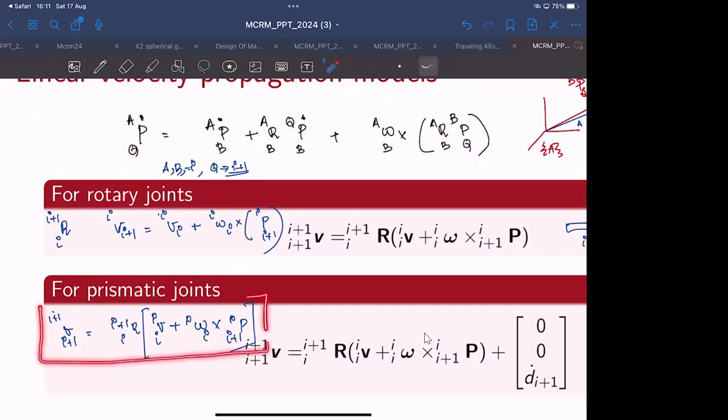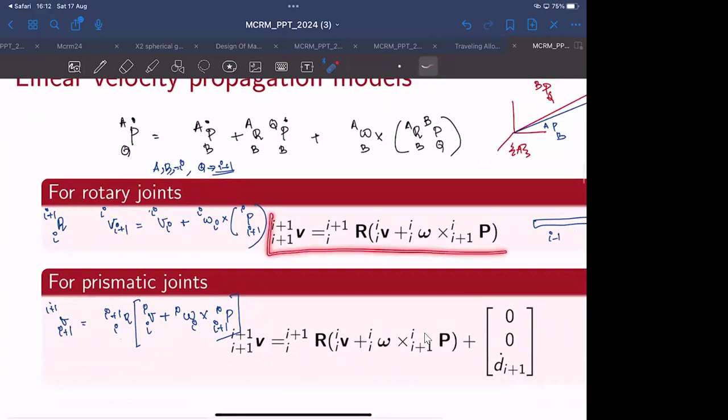That is what we have highlighted over here by this equation.